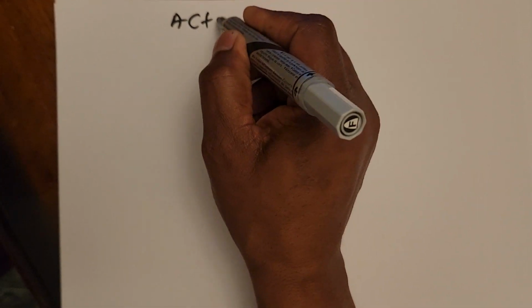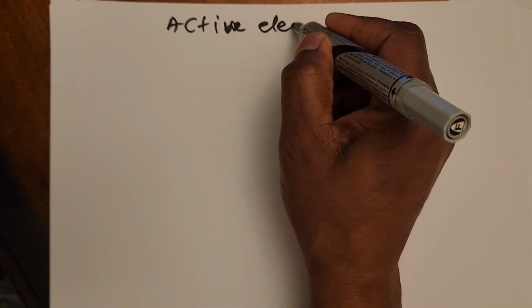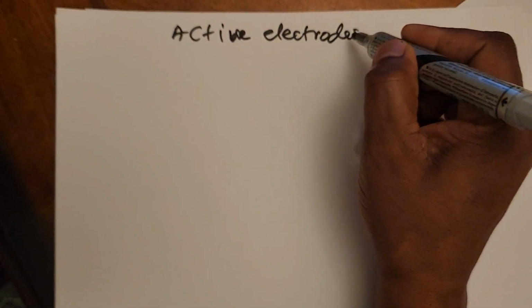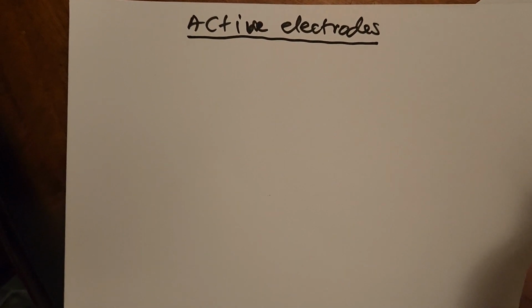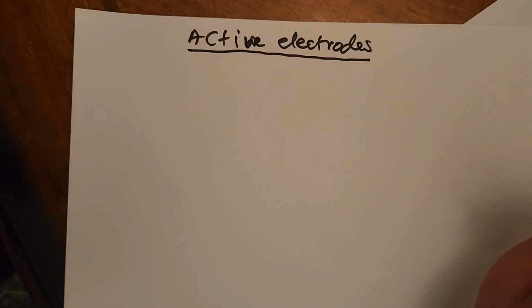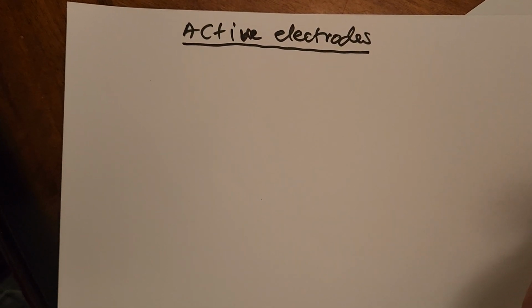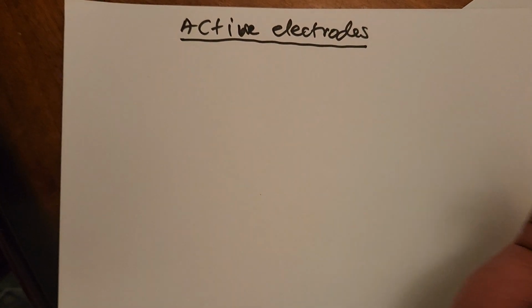Remember these electrodes, why do we call them active? It's because they will either gain mass or lose mass, to undergo a change in mass. That's why we call them active electrodes.